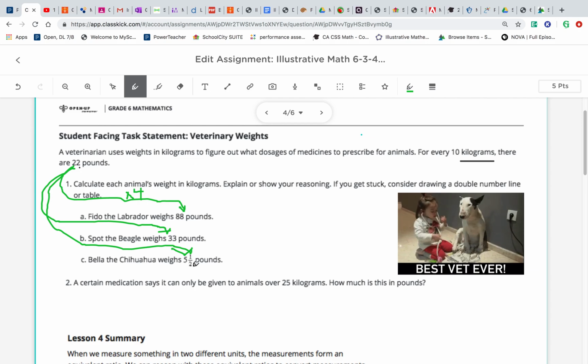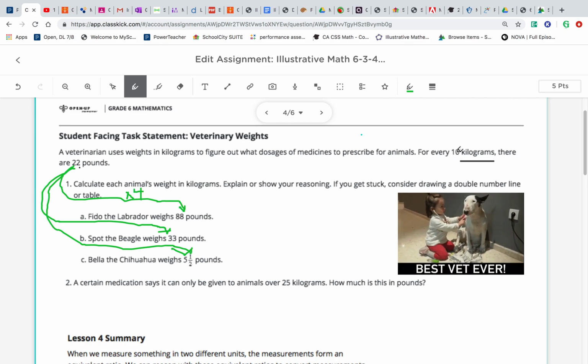So 5.5 times 4, we're going to add on 4 more halves. That's 2 wholes that we add on to 20. So it's going to be 22. So 5.5 is actually 1/4 of 22. So we need to do 1/4 of the pounds to get to 5.5 pounds.